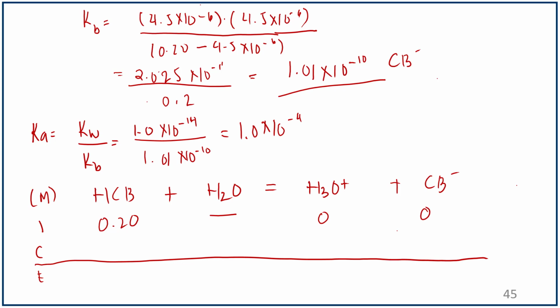Okay, and then this one should be minus X, plus X, and plus X. This one is 0.20, and then this one is X, then this one is X. Okay, but again let's assume that this is equal to 0.20. Oops, this is actually 0.20 minus X, but again let's assume that that is 0.20, that X is negligible.